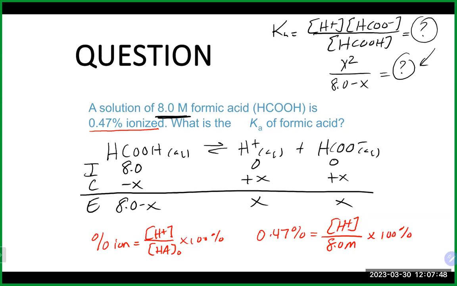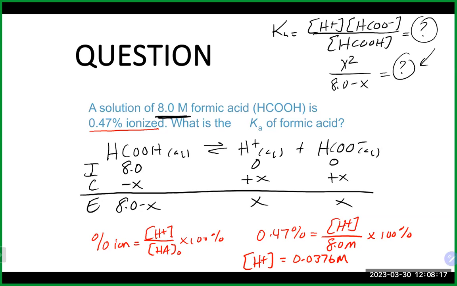We could use the percent ionization here to calculate the H plus concentration. If we did that, we would take 0.47 times 8 divided by 100, which will give us 0.0376 molar. First off, any question on what I've done so far?